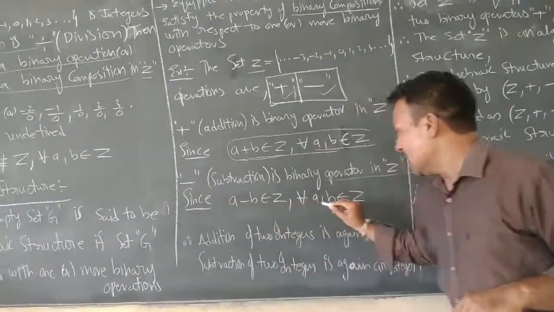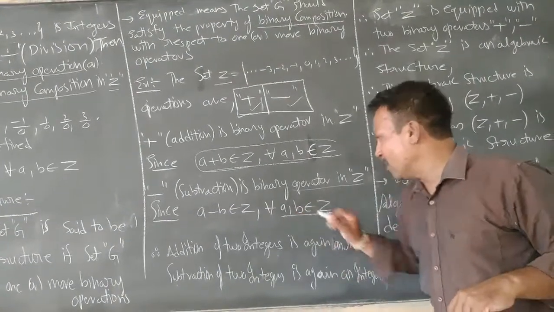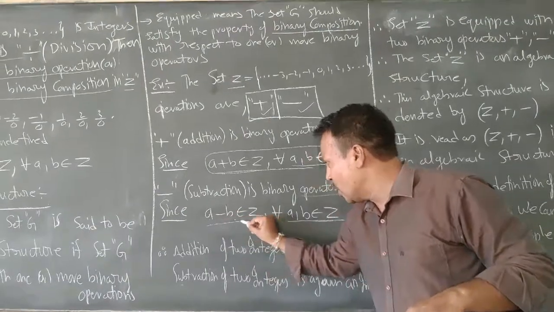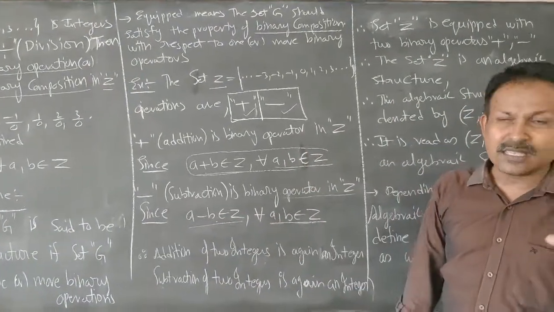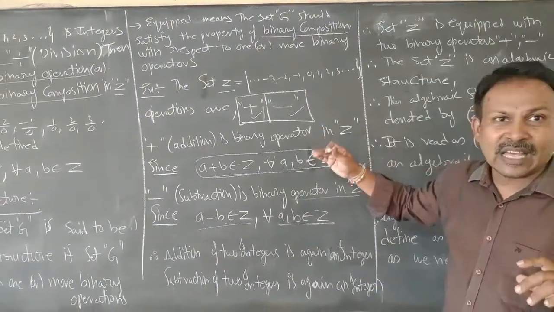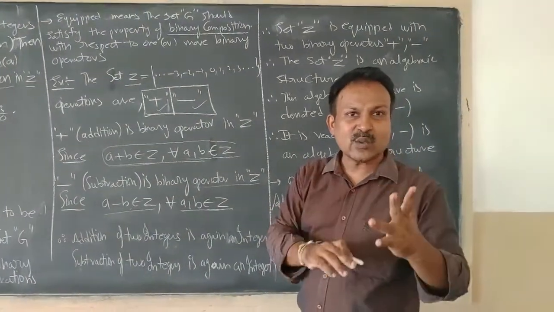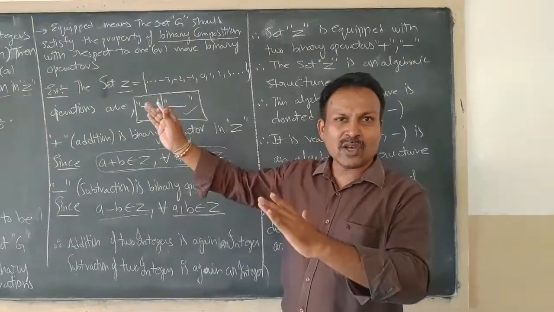Because if I take any two integers a, b belonging to Z and subtract them, the resultant value is again an integer. Here in this example, we clearly know that plus and minus satisfy the definition of binary composition.